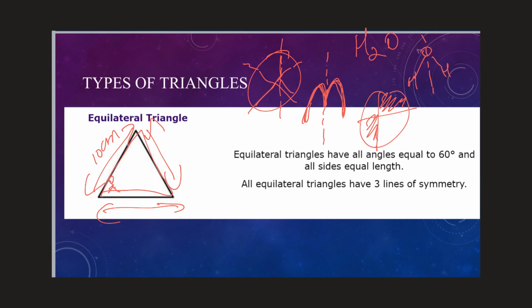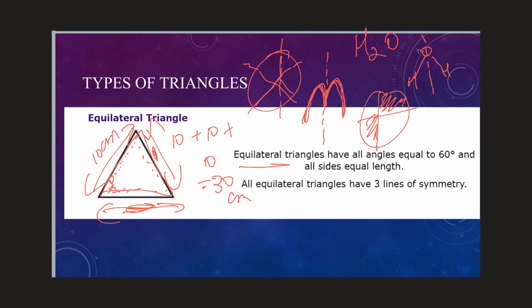If our little stick figure runs all the way around this triangle, this side will be 10, plus this side 10, plus this side 10 as well. So 30 centimeters would be the perimeter.